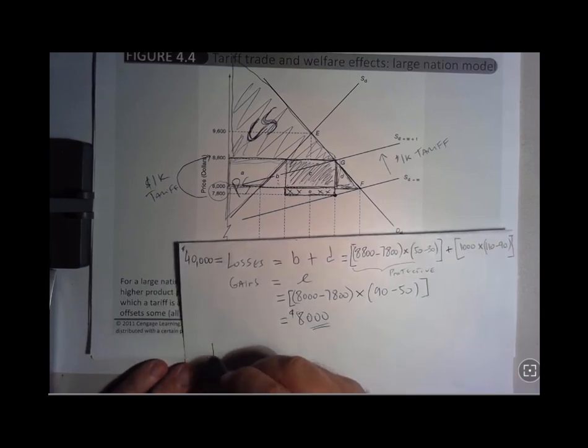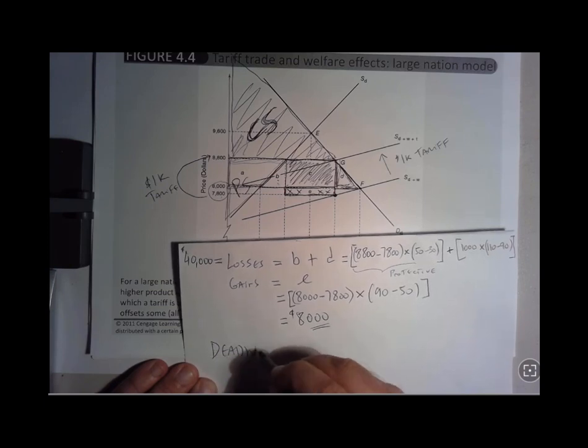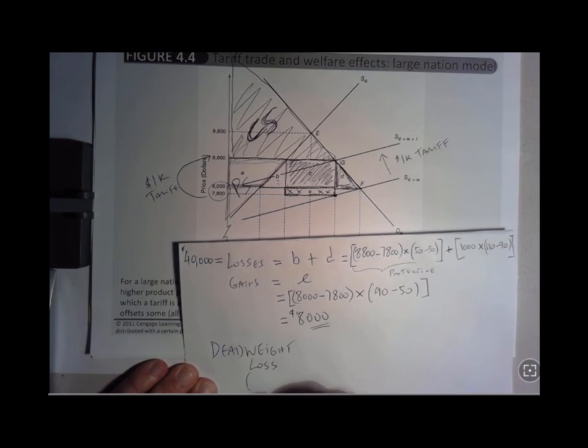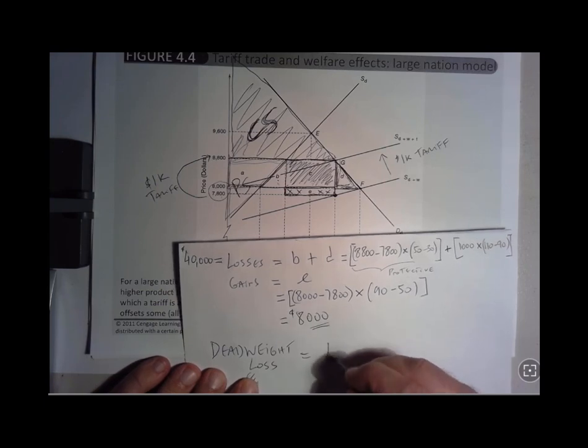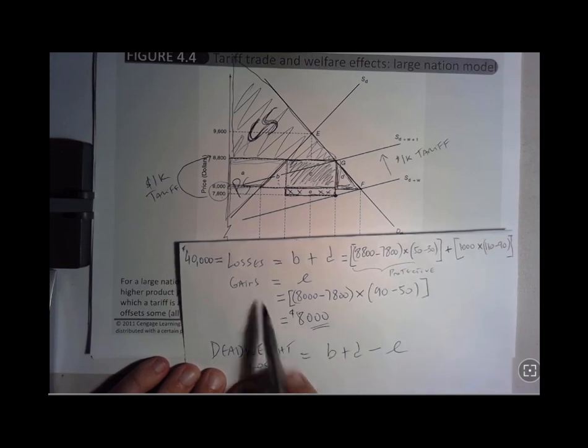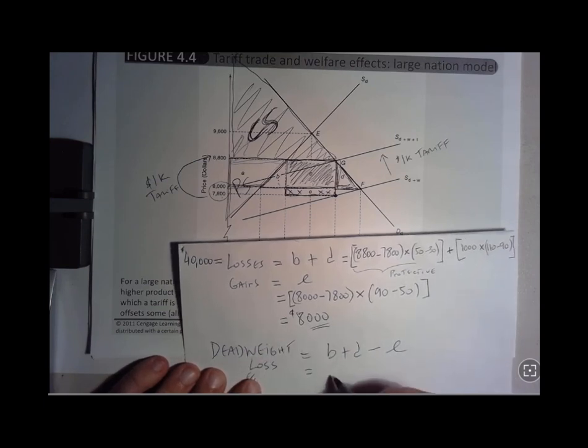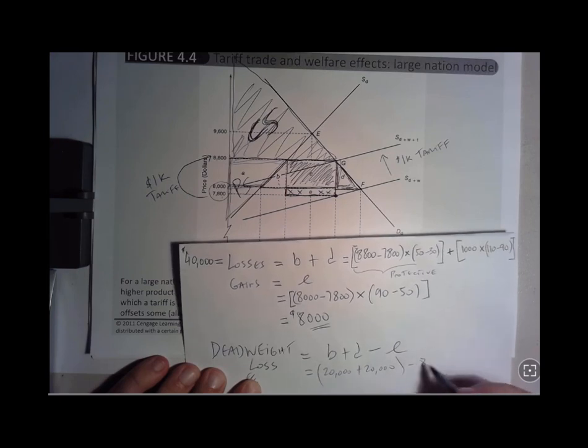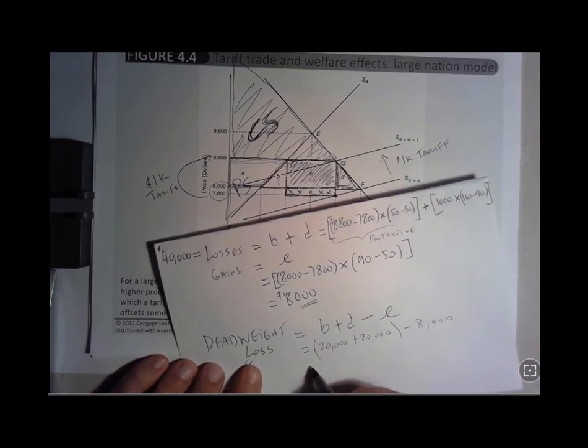So the deadweight loss is equal to B plus D minus E, because the gains offset our losses. In this case it will be 20,000 plus 20,000 minus 8,000, so $32,000.